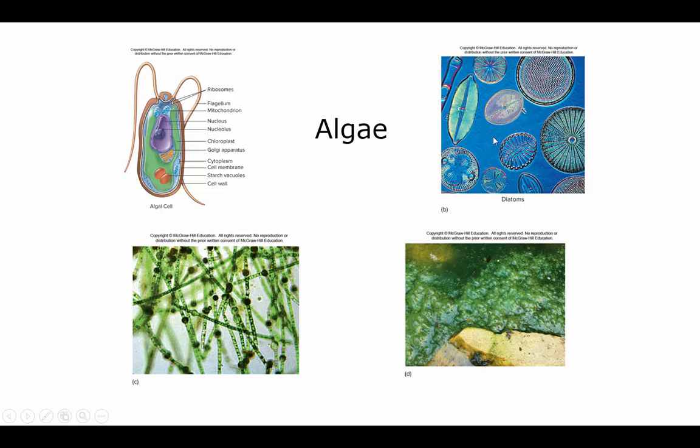Over here on the right at the top, those are diatoms, a type of algae that produces diatomaceous earth. Their cell walls have silica in them. And a lot of abrasive products that we use have diatomaceous earth in them. For instance, your toothpaste has diatomaceous earth in it. And of course, this is a colonial form of algae down here at the bottom.